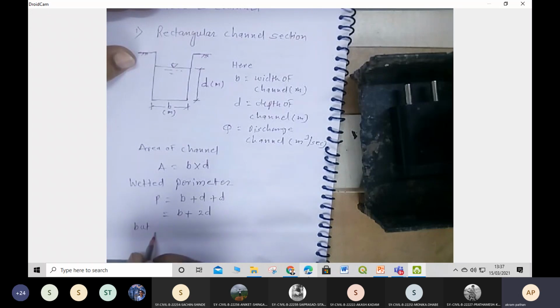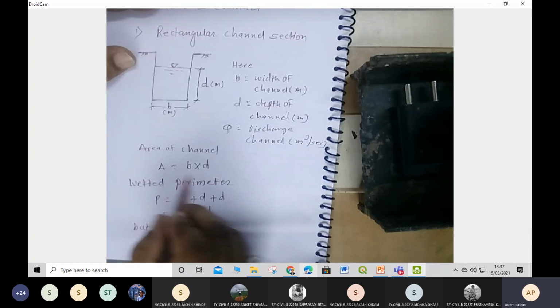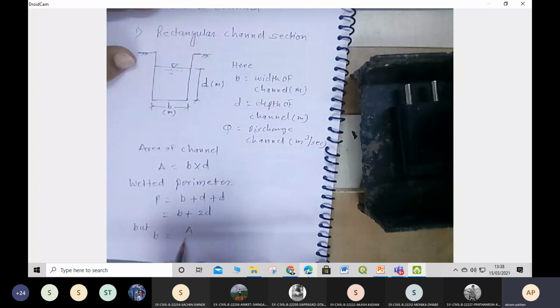But what is B from this area? If you calculate, B is equal to A by D. Therefore, if I calculate the perimeter, I have to substitute the value of B in this equation.